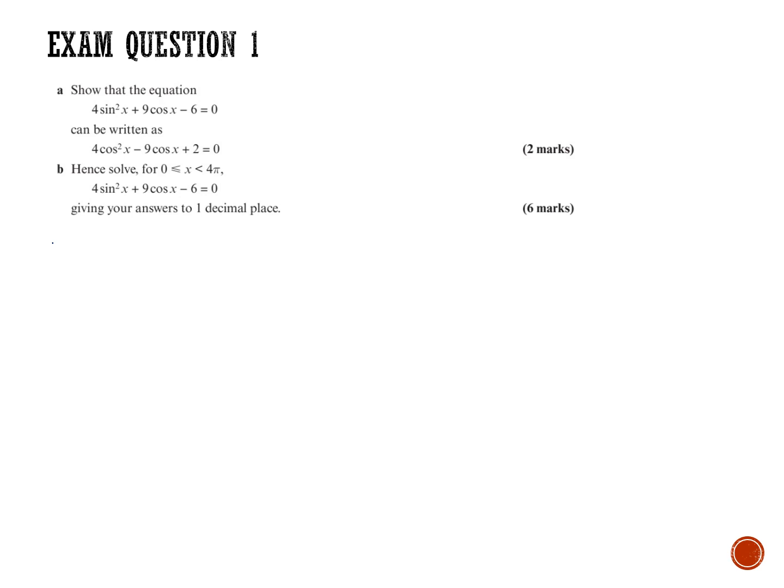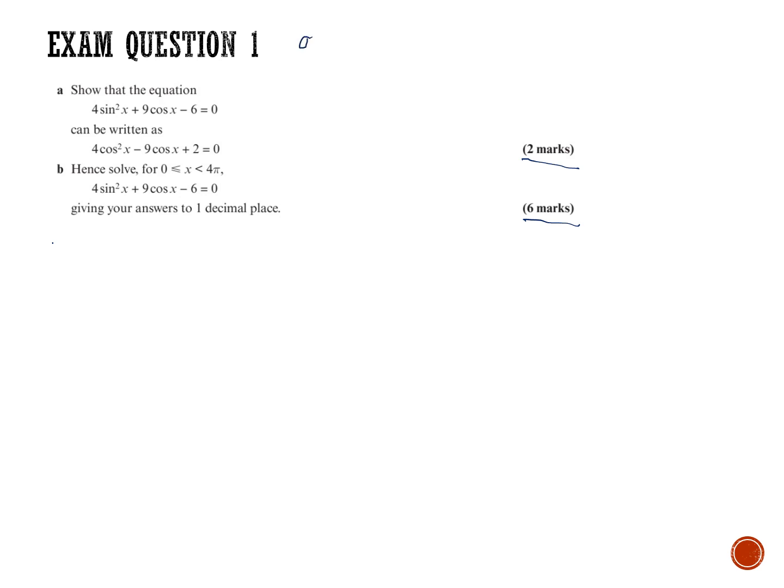Whenever you have a show that, do make sure that if you don't manage to successfully do that, do go on and use that in part B, because you can see the number of marks. The show that is actually only 2 marks, solving it is 6 marks. Okay, so it's going to be important that you go on and solve it even if you're not successful with part A. Okay, now we've done questions like this in our previous lesson.